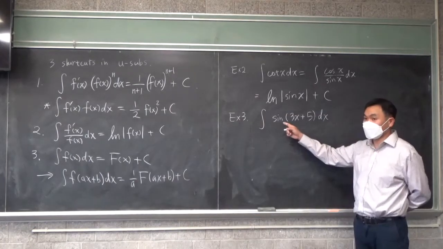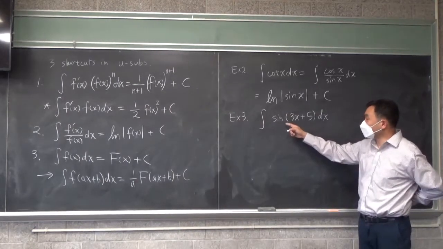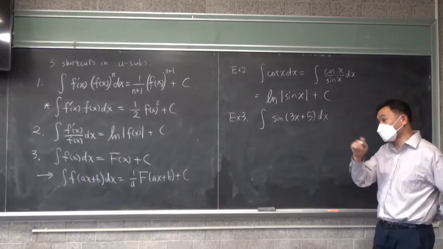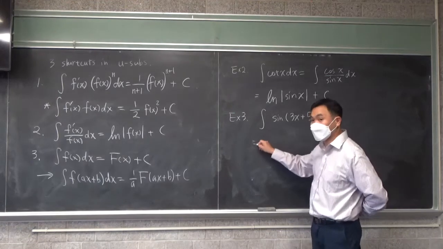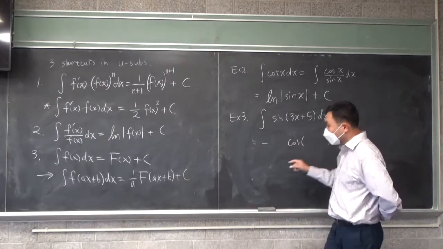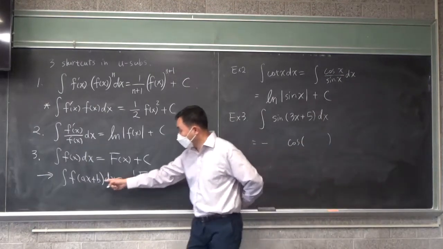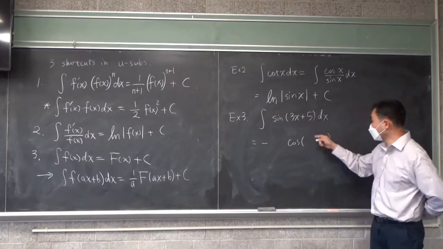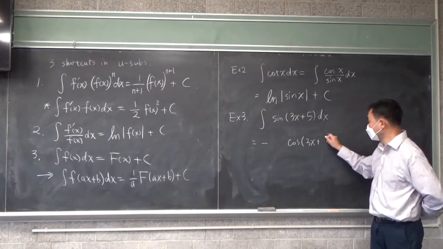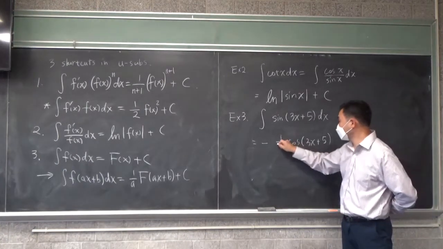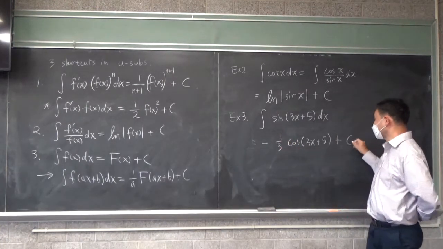What is the antiderivative of sine? Negative cosine, right? So you need the negative of cosine. But according to this formula, whatever you write here is the same as this one. And you put the reciprocal of this number in front. You put plus c.